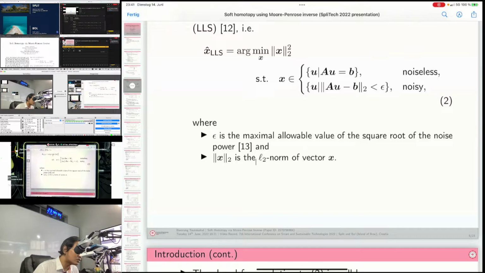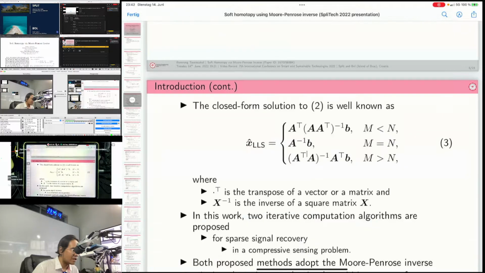The explicit solution can be expressed depending on whether m is less than n, equal to n, or greater than n. In this case, we are going to consider the compressive sensing case, or the underdetermined system, where m is less than n.